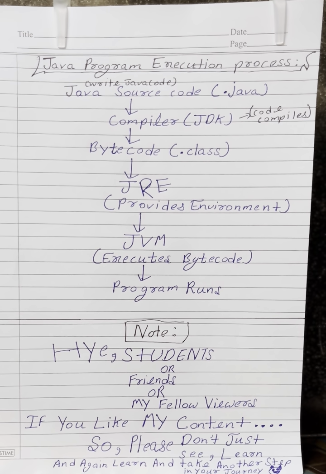Then the JDK compiler converts the source code into bytecode, which means a .class file. JVM loads the bytecode and converts it into machine code and runs the program, or we can say that it executes the program.